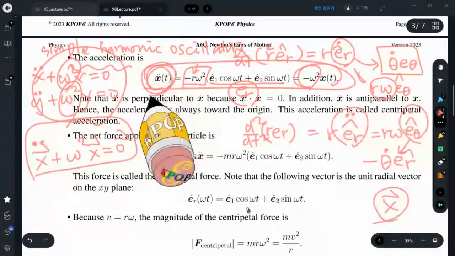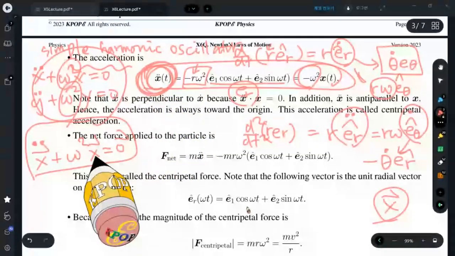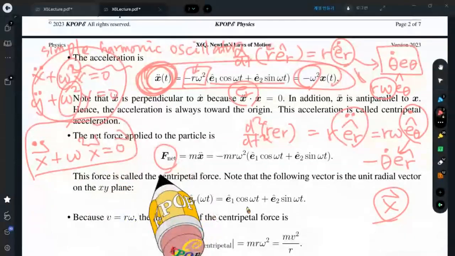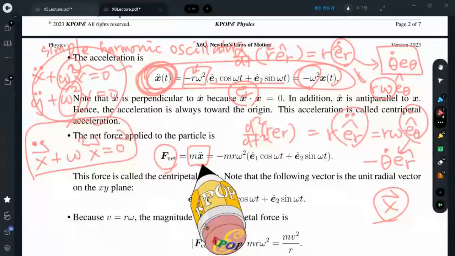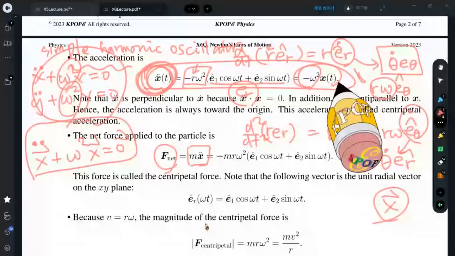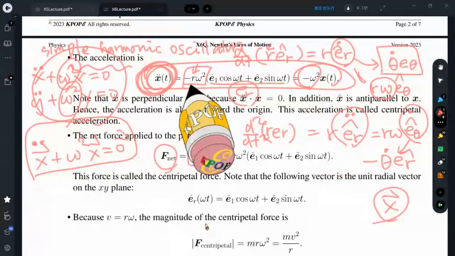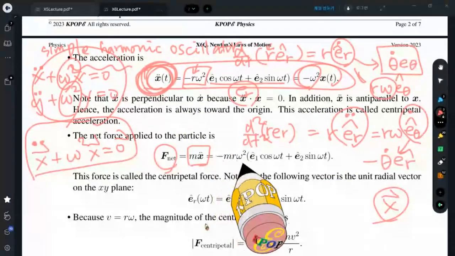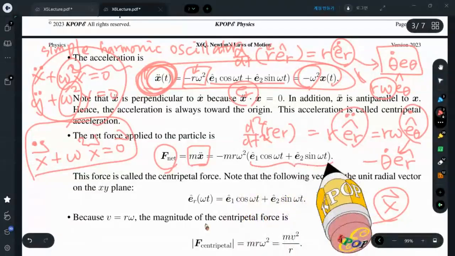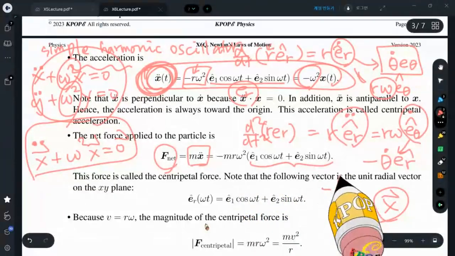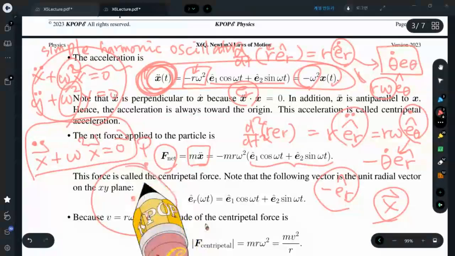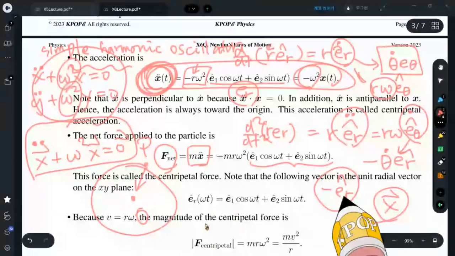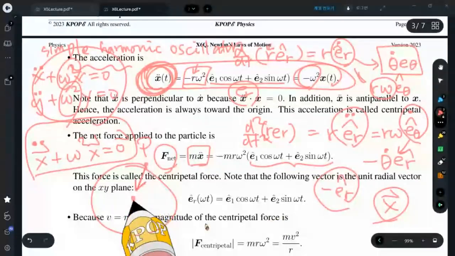Because I know what the acceleration is, I can compute the net force applied to this particle. That is based on Newton's second law, m x double dot. So what I have to do is just multiply the mass in here, minus m r omega squared times the unit radial vector, and e_r represents the position of the particle at point P. So minus e_r is toward the center.